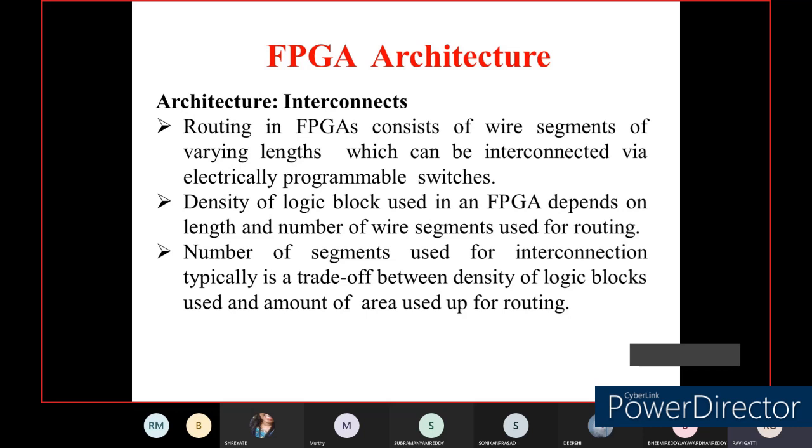The more the density of the logic blocks, the more the area covered by routing. If you use fewer logic blocks, the area covered by routing will be minimum. So based upon the trade-off, you can decide the density of the logic blocks and the amount of area used for the routing mechanism.